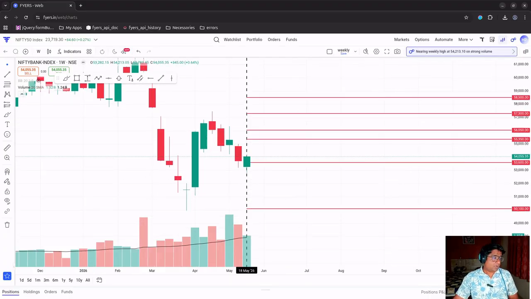We will review these levels on the next weekend, maybe on the next Saturday or Sunday, that is 30th May or 31st May. We will review these levels and I'll get you the levels for next week. I'll also add key levels for the top 10 Nifty 50 stocks.